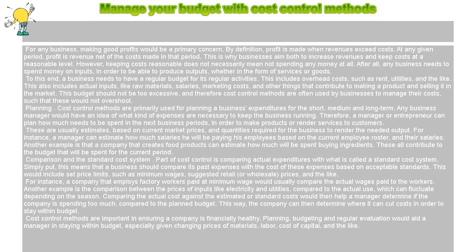Comparison and the standard cost system. Part of cost control is comparing actual expenditures with what is called a standard cost system. Simply put, this means that a business should compare its past expenses with the cost of these expenses based on acceptable standards.